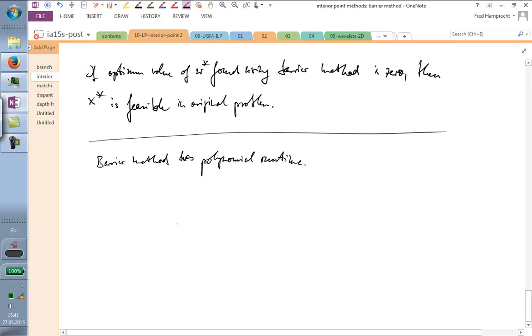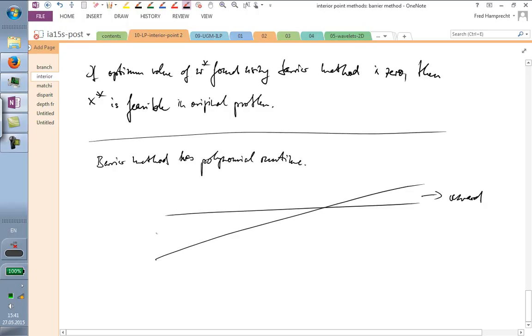For example, if I have a feasible region that becomes very, very thin, and I say that my reward grows in this direction, then I need to pull my point all the way into this corner against an increasing force. So this is a less nice case for the barrier method than if I have a less steep angle between the walls. But even so, this method works very well in practice.